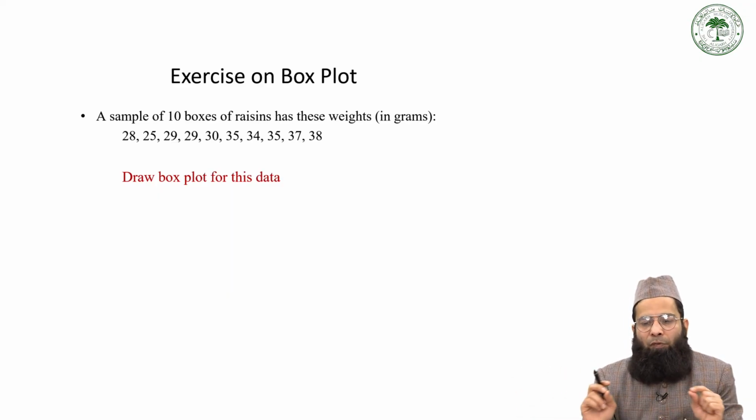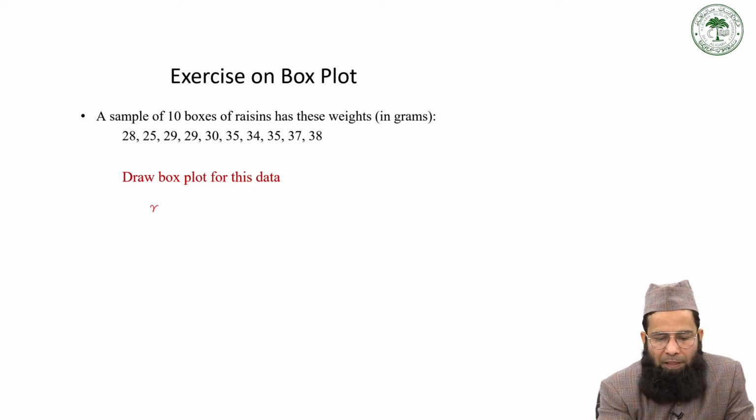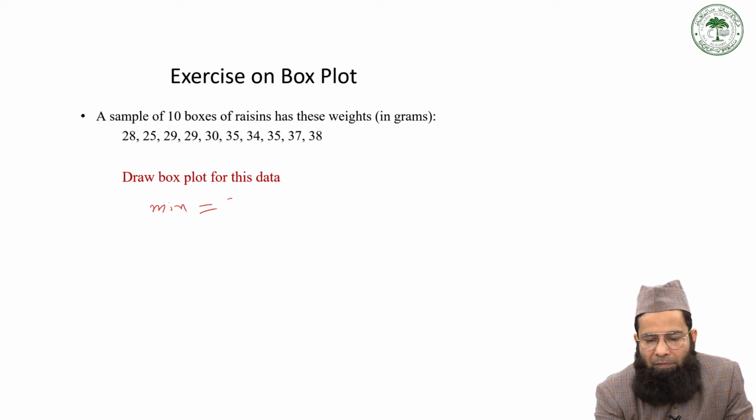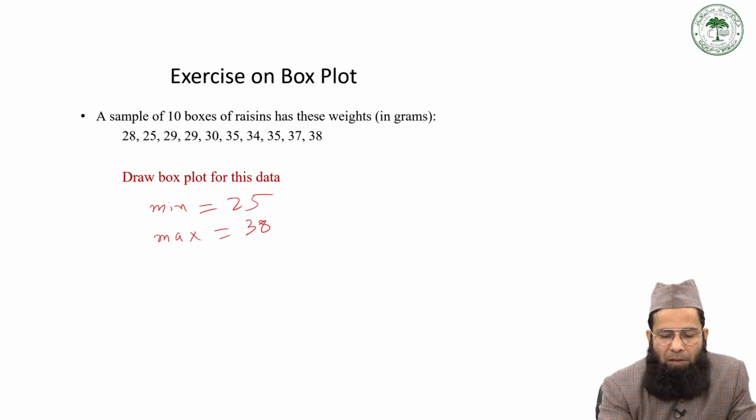So first one is minimum, right? This data is not sorted. So the minimum value is 25 and the maximum value is 38, right? And you need to find out the median.